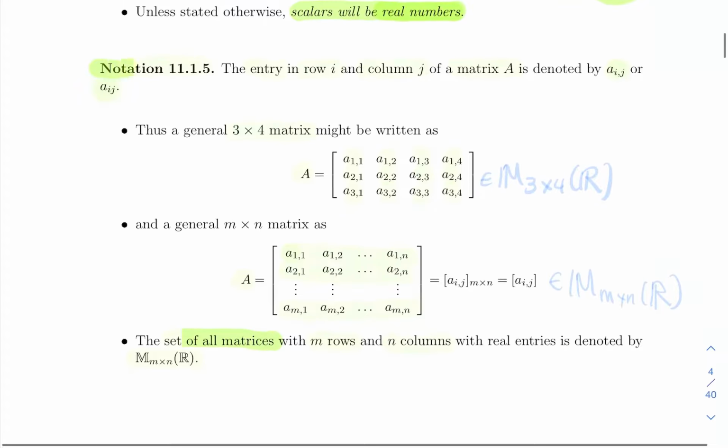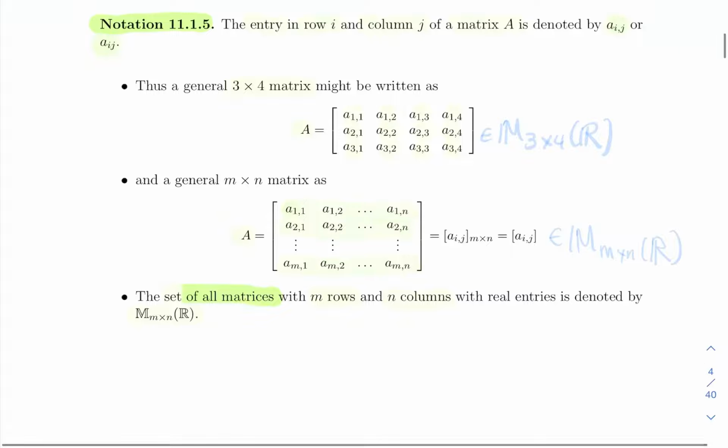So again, another piece of notation: when talking about the entries of a matrix, if you're looking at the entry in the ith row and the jth column of that matrix A, it will be denoted by A with a subindex, a_ij, or simply aij. So we might put the comma or not.